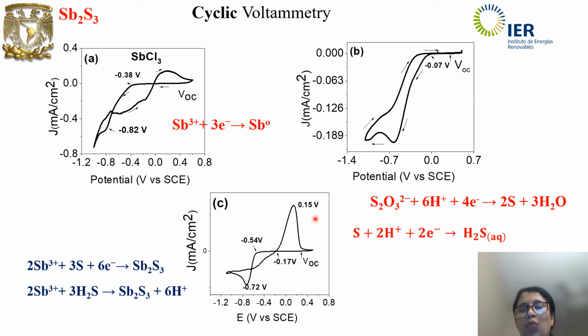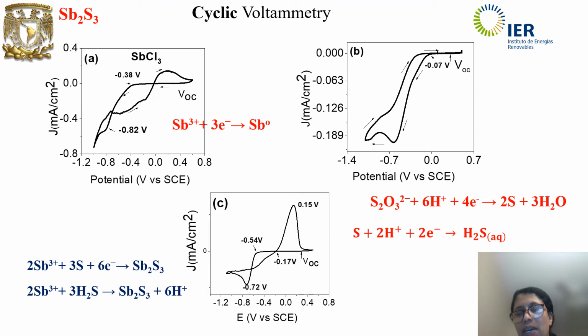This is a cyclic voltammogram in a solution containing both. We can note that the reduction potential has been pushed to more negative potentials. Here it was 0.38, and this was pushed a little more negative. So we know that in this region we can deposit antimony sulfide.